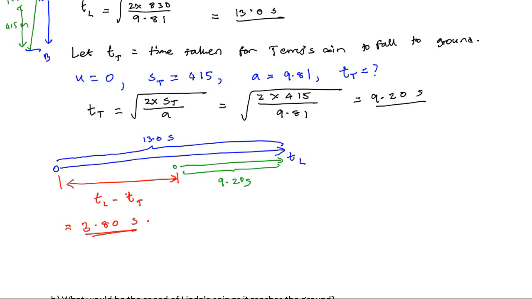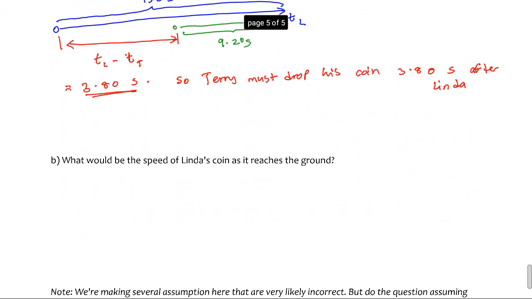So Terry must drop his coin 3.8 seconds after Linda, if he wants his coin to land on the ground at the same time as Linda's coin.